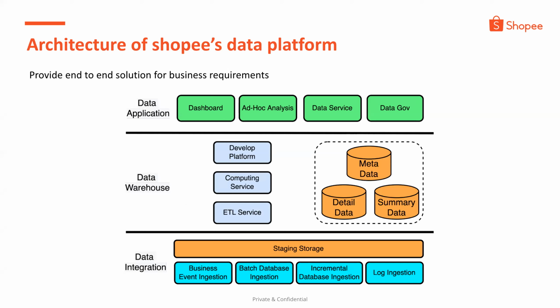Secondly, we load data into the data warehouse through the ETL service in the platform. Finally, the business team does data processing through the compute service in the platform, then uses ad hoc engines such as Presto for data exploration or demonstrates results on a dashboard. But in the process, we found three typical issues.